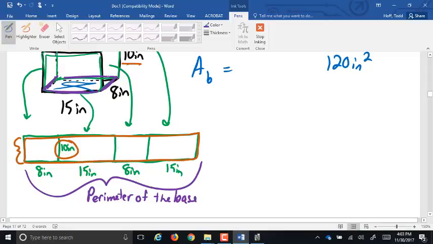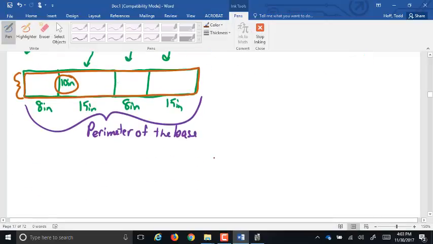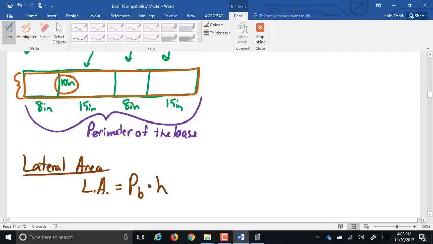So lateral area, which I'm going to abbreviate as LA, is simply the perimeter of the base, capital P with that little subscript B, times the height.